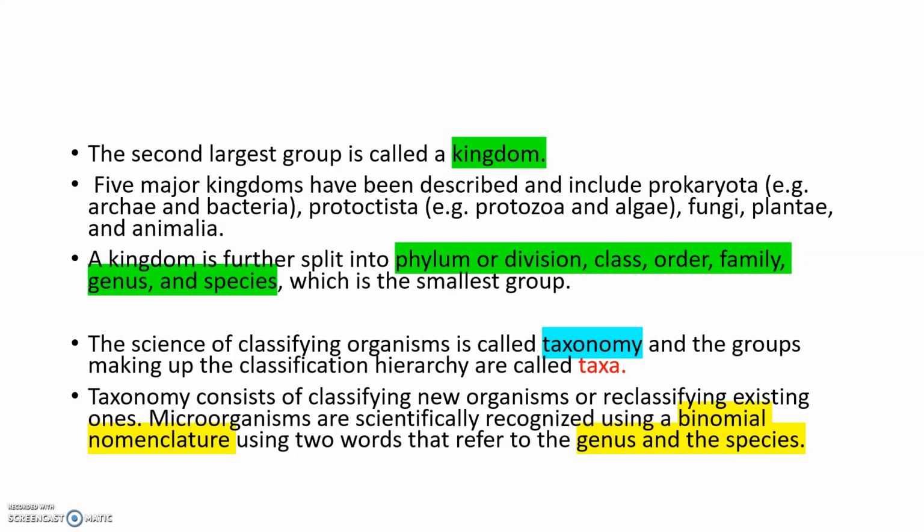Microorganisms are scientifically recognized using binomial nomenclature. They are classified using taxonomy, and then scientifically recognized using binomial nomenclature. That is, using this we can name the microorganisms using two words, genus and species.